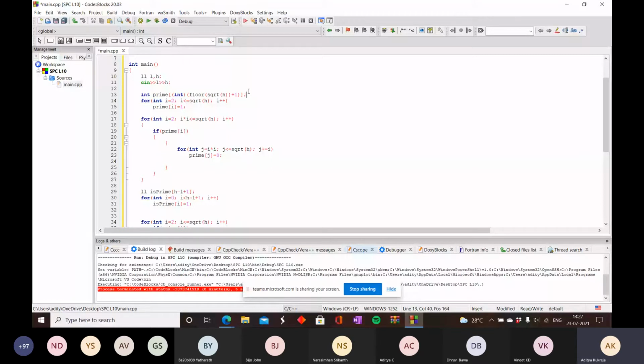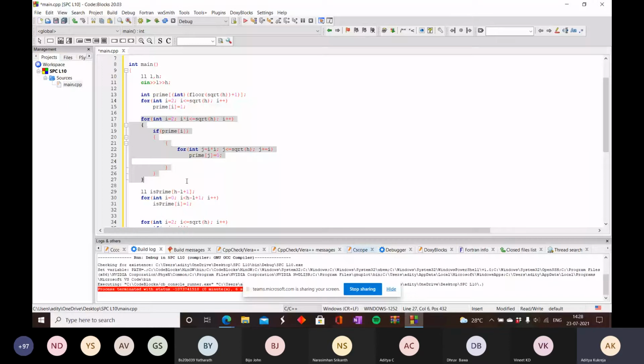So now we have to find all the prime numbers within the range of floor of square root of H plus 1, and we're going to use those prime numbers to cancel out all the composite numbers in the other array, which we declare here: is prime of size H minus L plus 1. This is the array denoting all the numbers of the given range. We use the Sieve algorithm to find all the primes until square root of H, the same Sieve algorithm as I showed before.